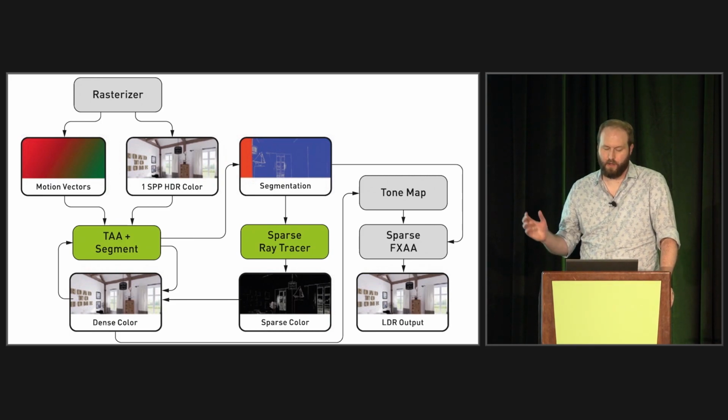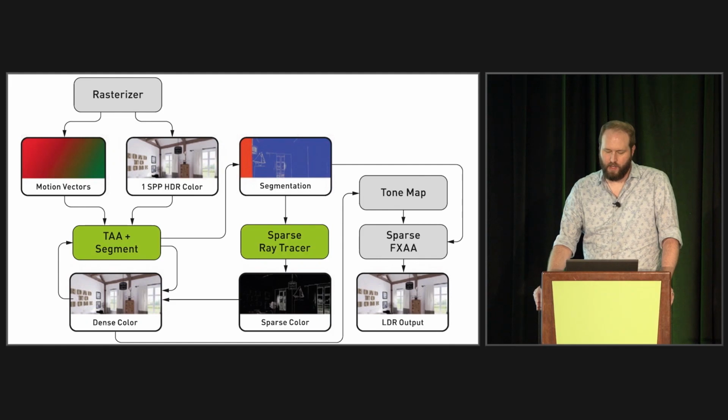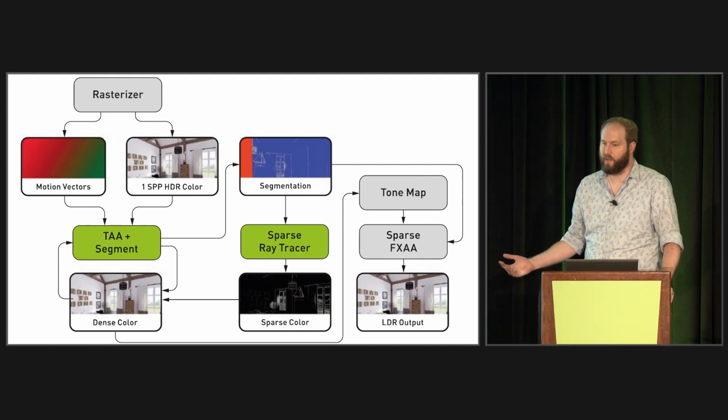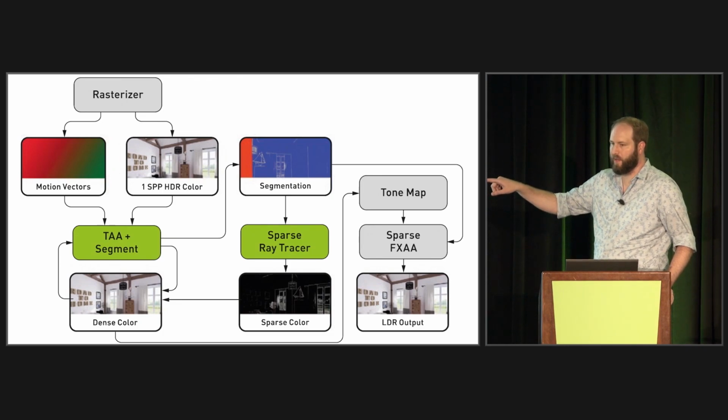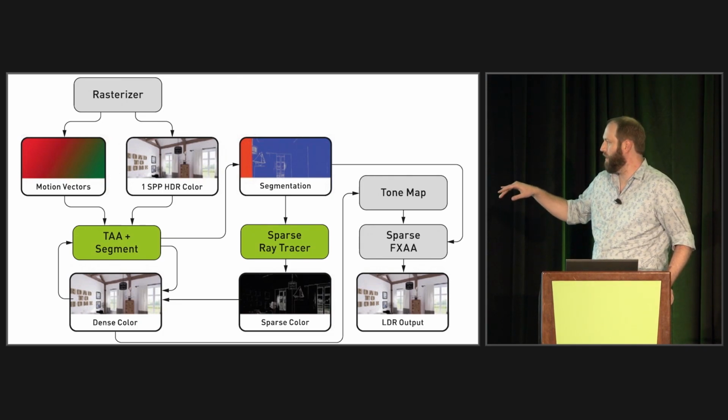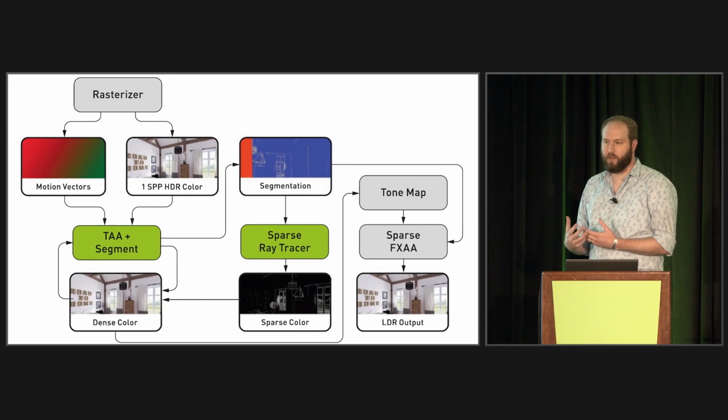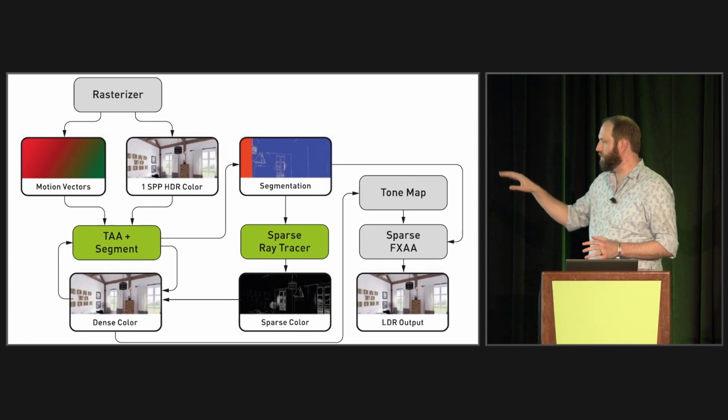The gray passes here are unchanged or only very slightly modified from the standard shipping Unreal Engine, while the green passes are the new functionality we added. So really, it's the segmentation mask that we're getting from TAA, and then doing this sparse ray trace, and then blending those results back in.